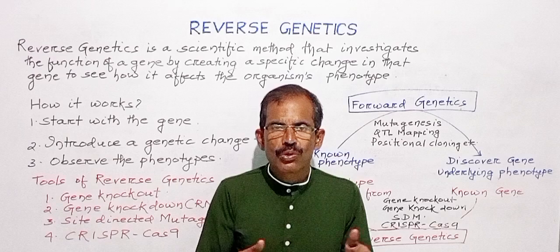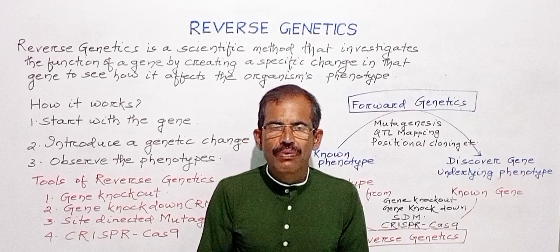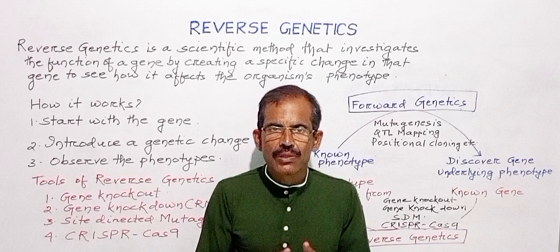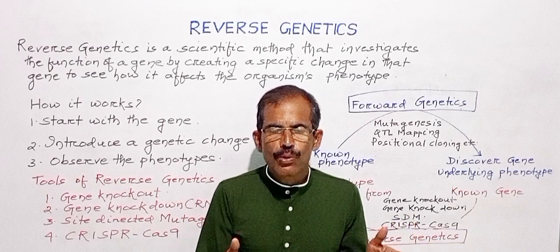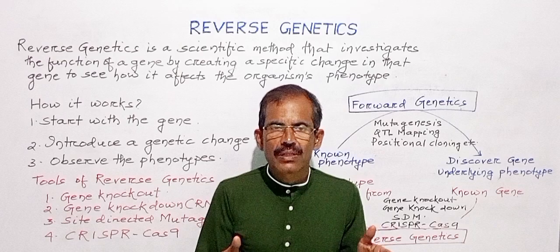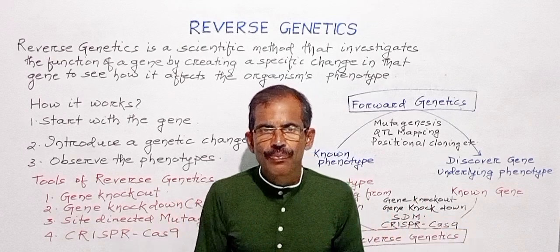Assigning function to the genes is important. Reverse genetics finds out the function of genes whose sequences are known. High-throughput reverse genetic approaches therefore play a major role in the post-genomic era.